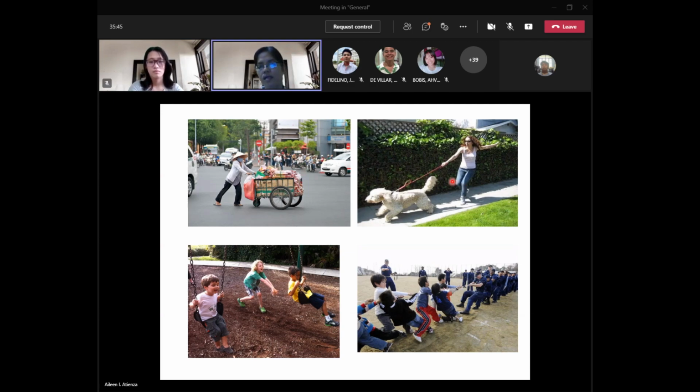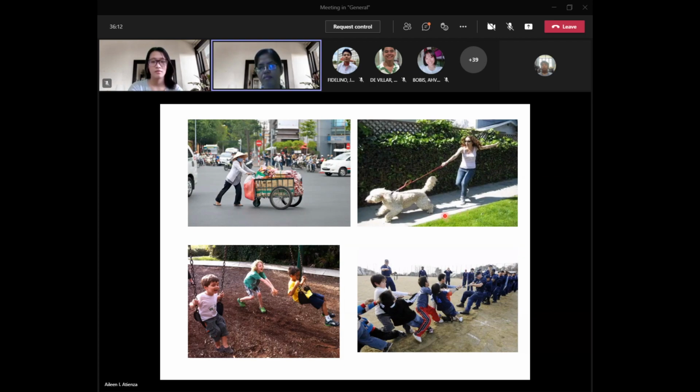And then in the second photo on your right, we have an owner being pulled by her dog. And then having the swing, so mga batang naglalaro on the swing, and we have the tug of war.